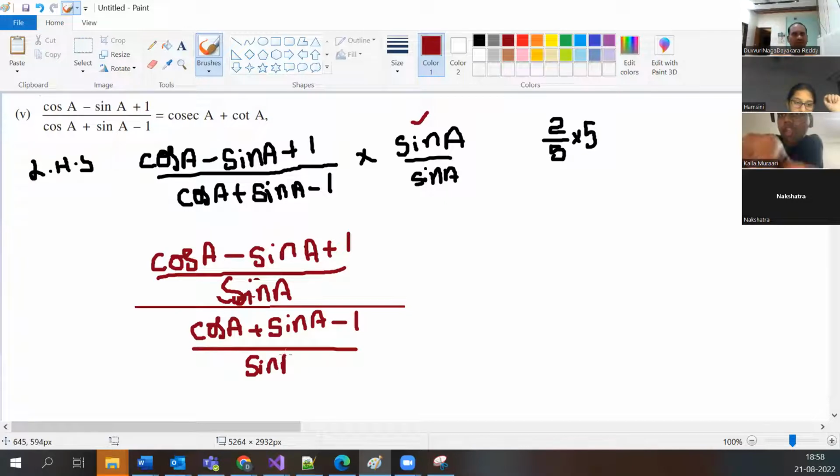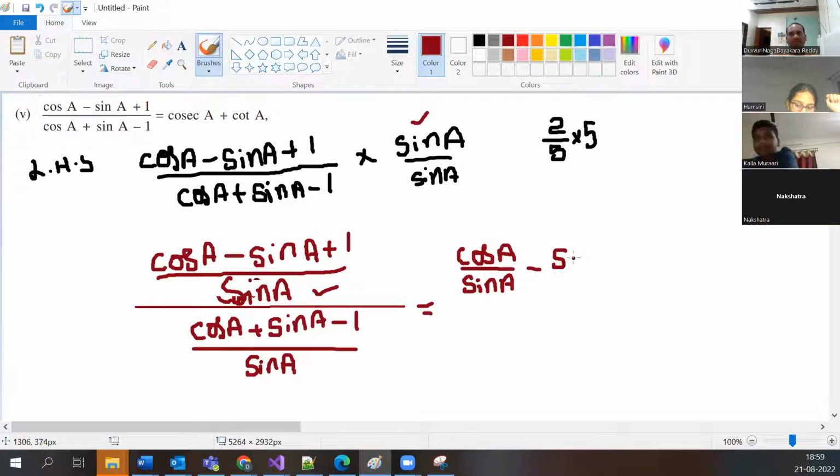Nothing wrong here, right? The same thing written in a different way. Now distribute this sin A to the numerator for all the terms, so it becomes cos A by sin A minus sin A by sin A plus 1 by sin A.